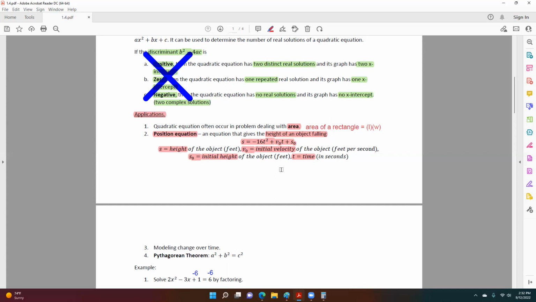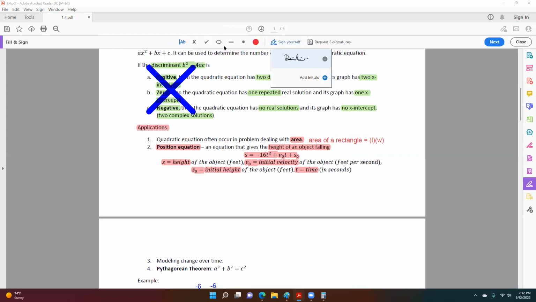Usually the question will provide the initial velocity, that means how fast the object goes, and the initial height, how tall, and they will ask you what is the height. They want you to figure out the time. Okay, so this is usually what the question wants you to do.